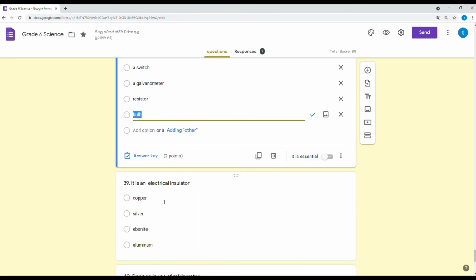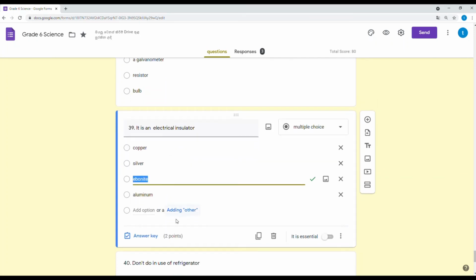Good conductors mean they allow the current to pass. Copper is a metal, silver is a metal, aluminium is a metal. They all allow. But ebonite is not a metal. So it does not allow, so it is an electrical insulator. So your answer is third one, ebonite.